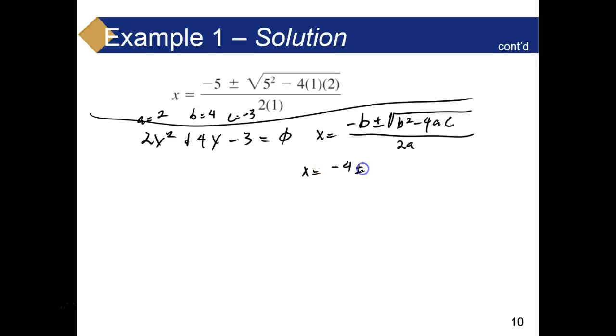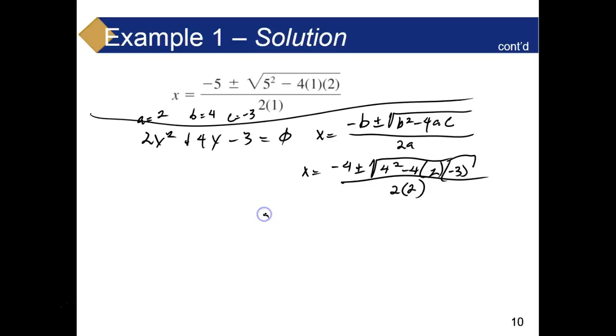Minus 4 plus or minus the square root of 4 squared minus 4 times 2 times negative 3, all over 2 times 2, which is 4.